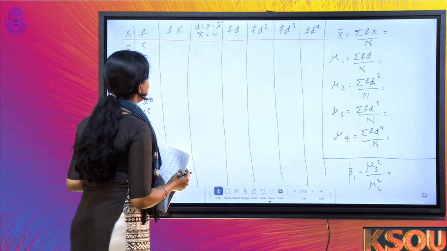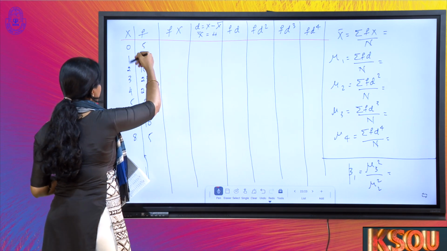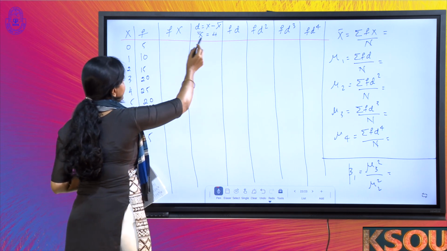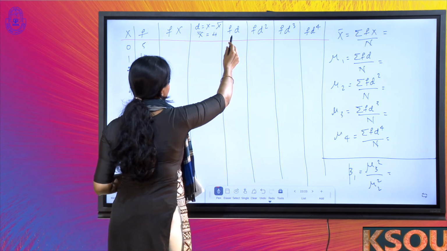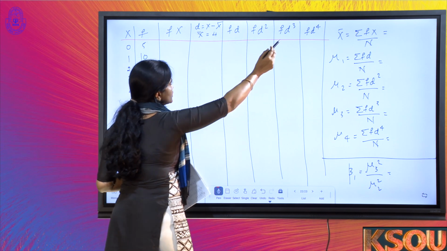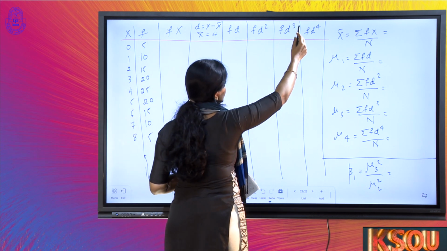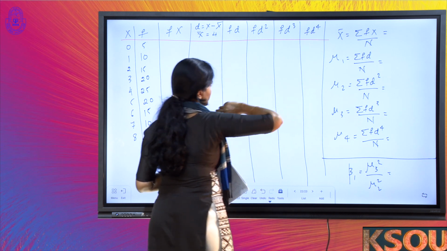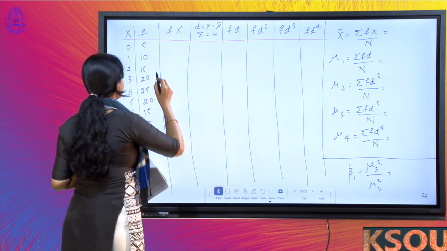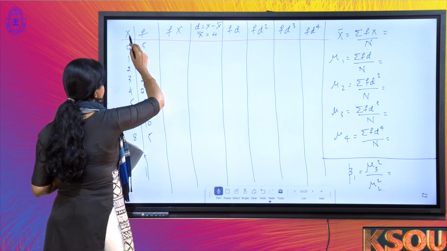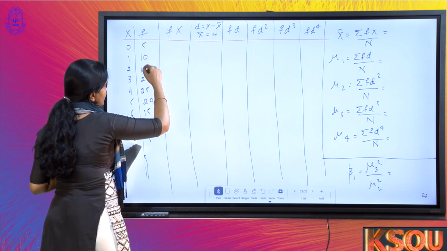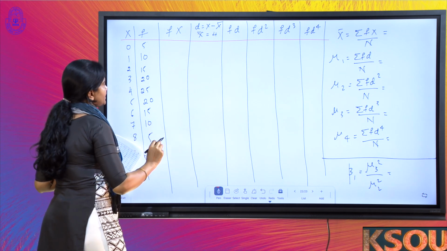So, you will have to calculate with x and f, which is already given in the question. Calculate fx, then d, f into d, f into d square, f into d cube, then f into d to the power of 4. Okay. So, let us calculate fx, that is x into f. So, 0 into 5, 1 into 10, like that you will have to calculate here.